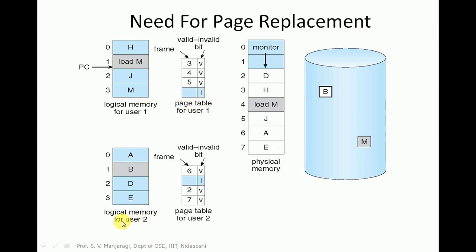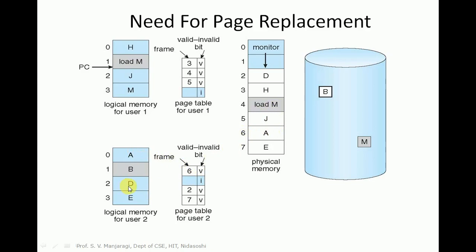If you look at the logical memory for user 2, for a different program, it again has 4 pages numbered page 0, 1, 2, 3, with instructions say A, B, D, E, and this is the corresponding page table. For page 0 the mapped frame is 6, so A has to be loaded at 6. You can see A is at 6.